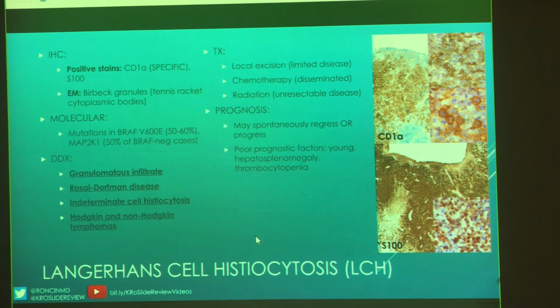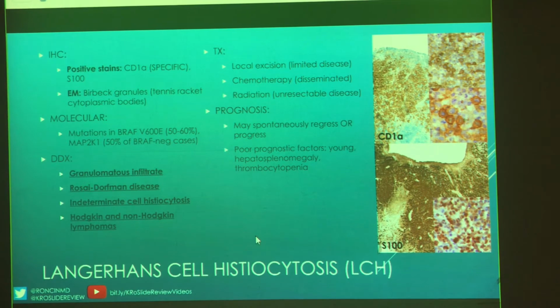So you'd really want to do your stains and make sure, if you're suspicious that this is really an LCH, that you have that CD1A to help you out. If the disease is very local, they will simply go to surgery and excise it.